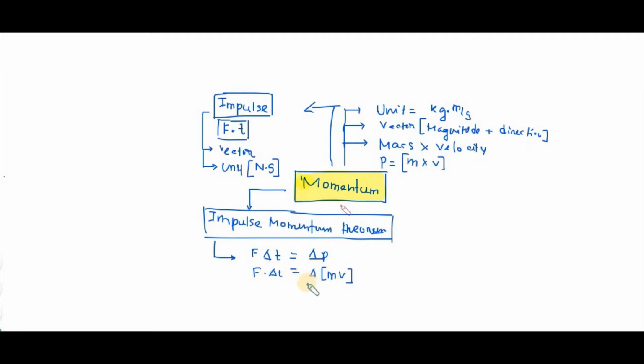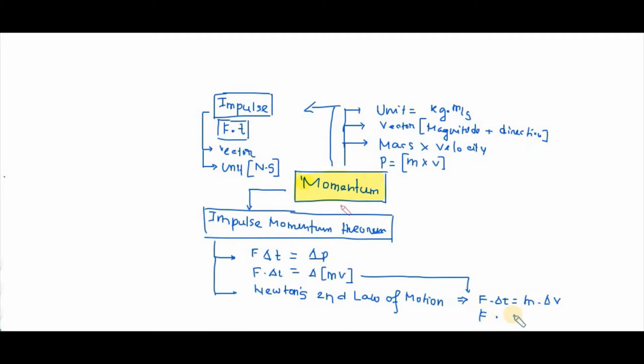Now this impulse momentum theorem is linked with Newton's second law of motion. From the impulse, we can write force times delta t. Since mass is conserved, mass comes out of the differential part, so mass times delta v, the change in velocity.